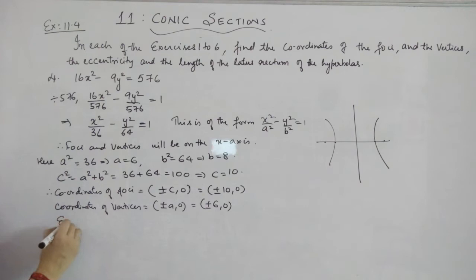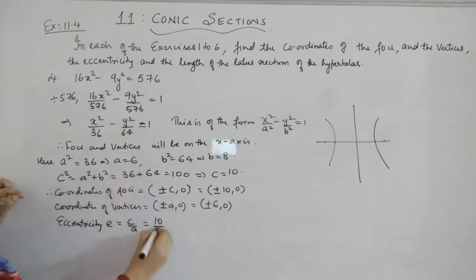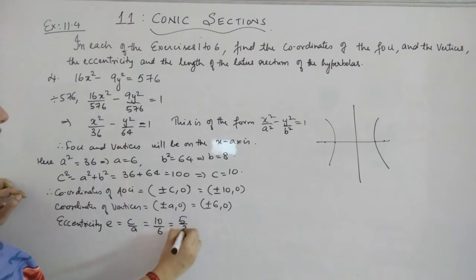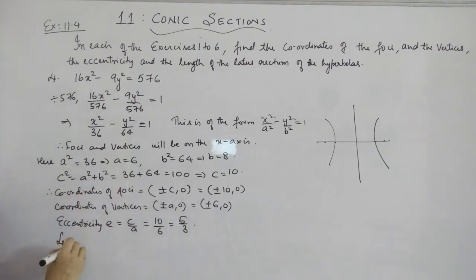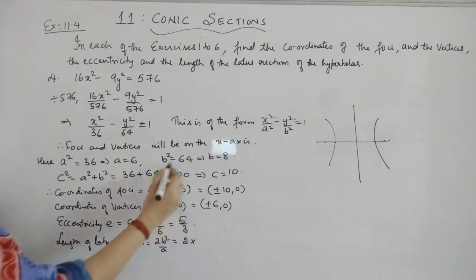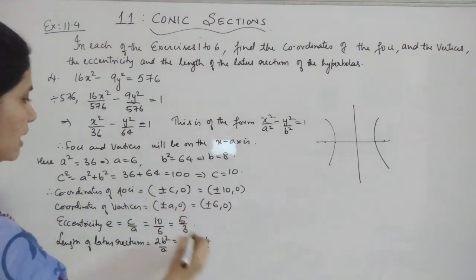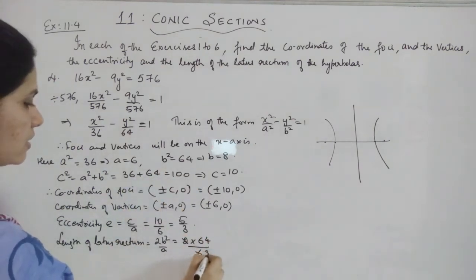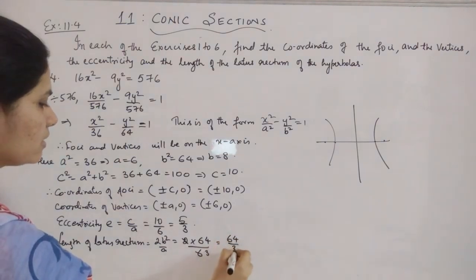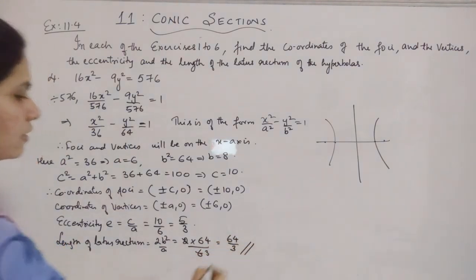Now you want eccentricity, which is e equal to c by a. c is 10, a is 6, so that you will get 5 by 3. And length of latus rectum will be 2b square by a, which is 2 into b square, 64, by a, 6, so that you will get 64 by 3. Okay.